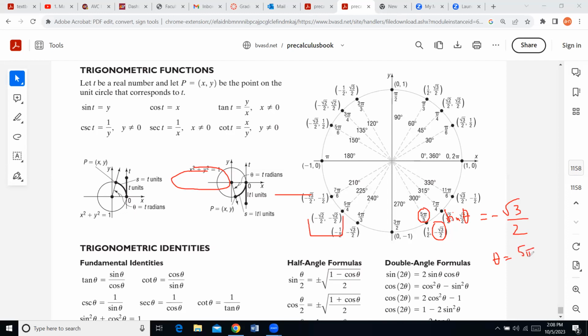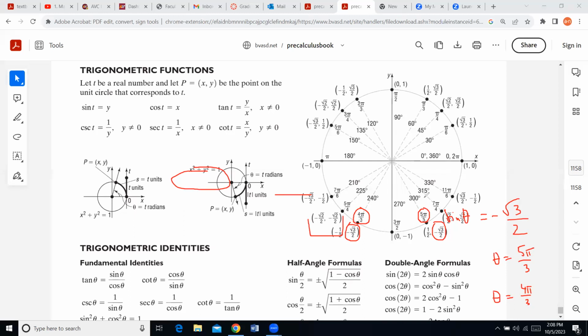But not only that. It turns out that angle theta can also be here, which is 4 pi over 3. And you can see this from the symmetric picture of our unit circle.